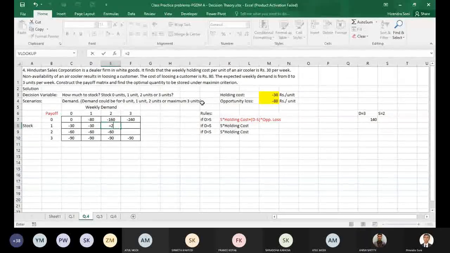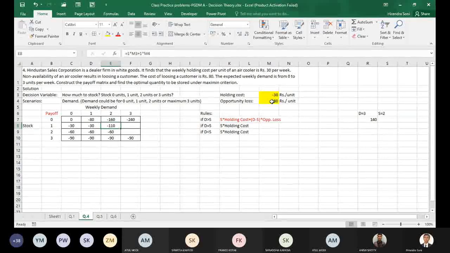Yes, sir. 1 यूनिट आप स्टॉक कर रहे हो, यहाँ पर स्टॉक इज ऑफ 1 यूनिट. सो 1 into योर होल्डिंग कॉस्ट, ठीक है, प्लस 2 कस्टमर्स आए थे, एक को आपने दिया एक को नहीं दिया, बराबर है, प्लस 1 into opportunity loss cost. Is this right?